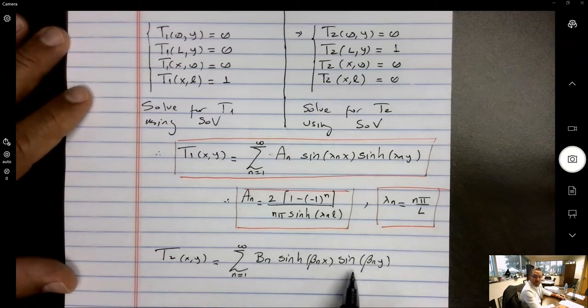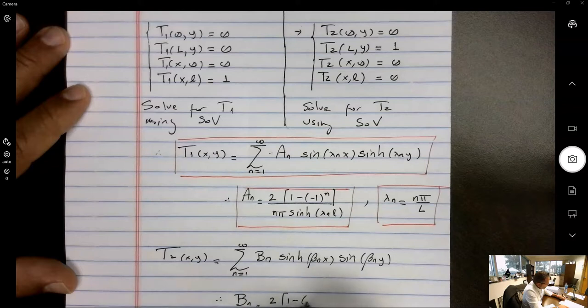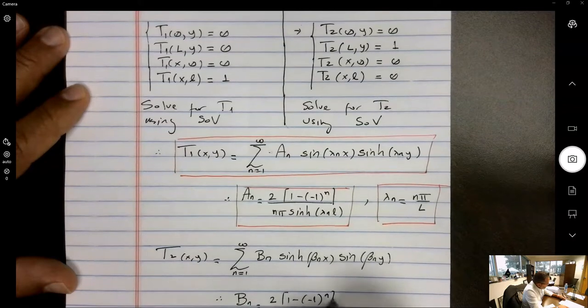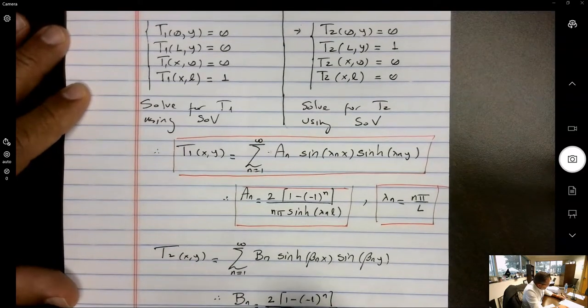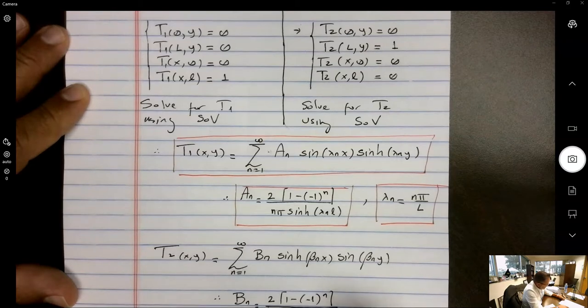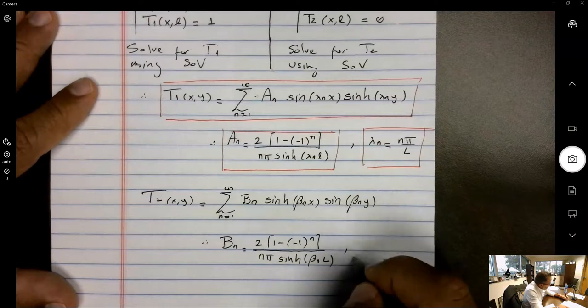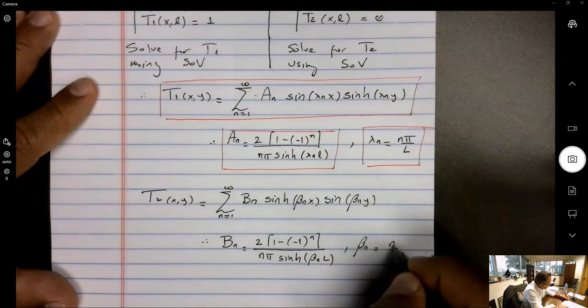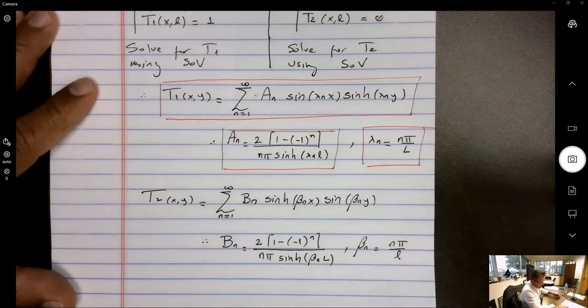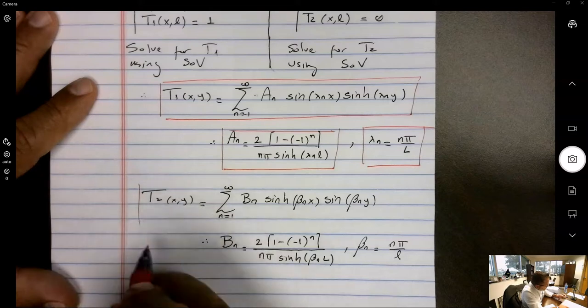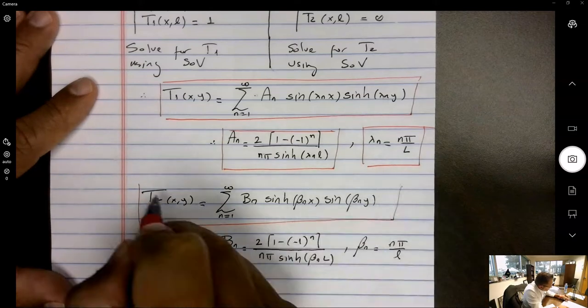So now you can see that the eigenfunction is in the y direction, such that Bn is equal to 2 times 1 minus 1 to the power of n, over n pi sine hyperbolic of beta n L, and beta n is equal to n pi over small l. So this is the solution for T2.